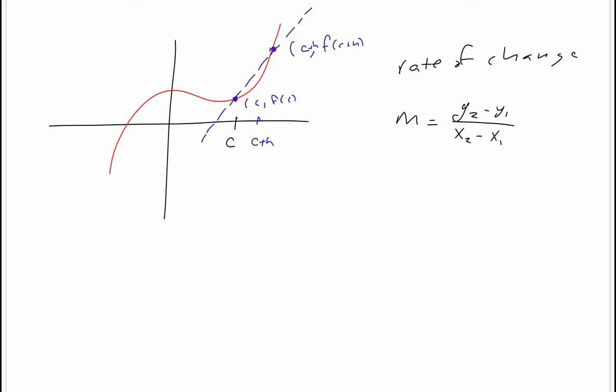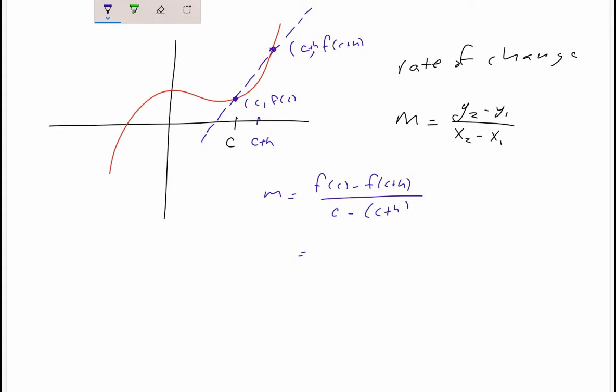So for that secant line, the slope would be f of c minus f of c plus h divided by c minus c plus h, right?